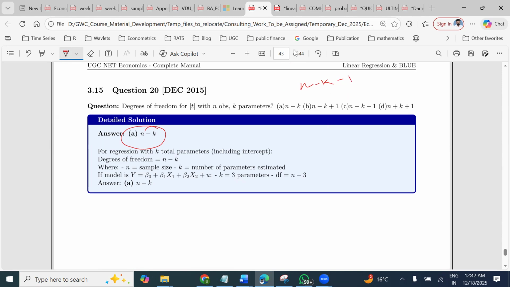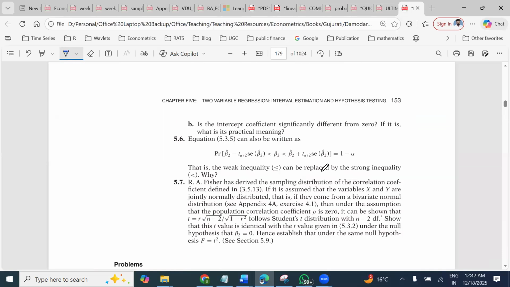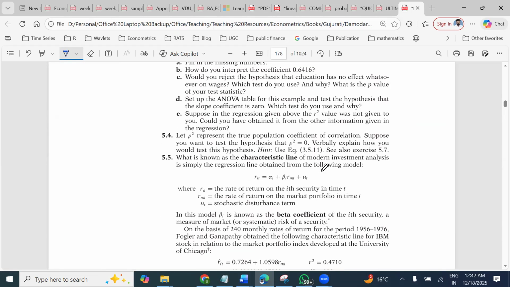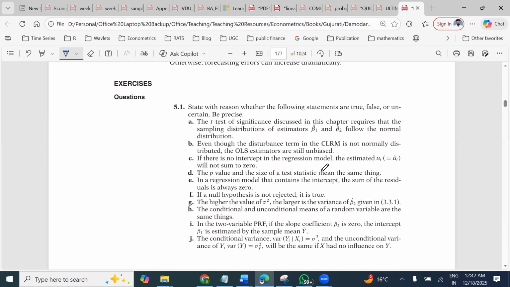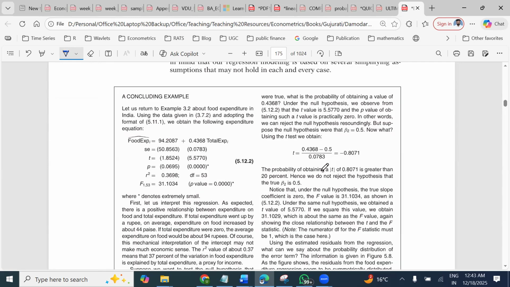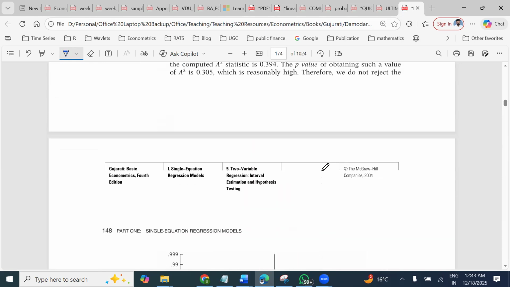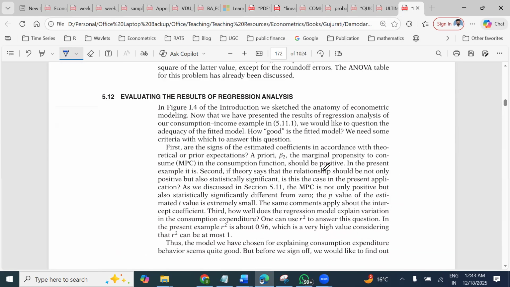So you can cross check this also, here only. In inference it is given, for the t distribution, the t test.